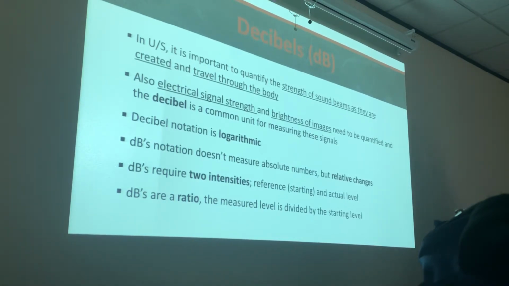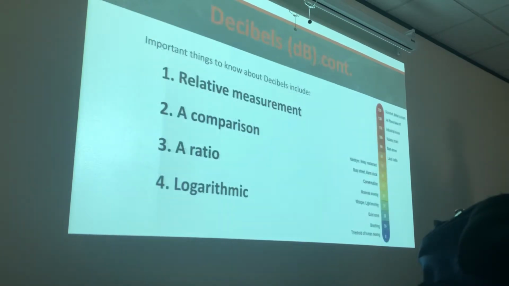Decibels require 2 intensities, the reference or starting intensity and the actual level or the intensity where it ended up, okay? Decibels are a ratio. The measured level is divided by the starting level. And that's how we get our difference, right, guys? That's how we get our difference to figure out our log from earlier. All right? So, important things to know about decibels, guys, is, again, decibels are a relative measurement.